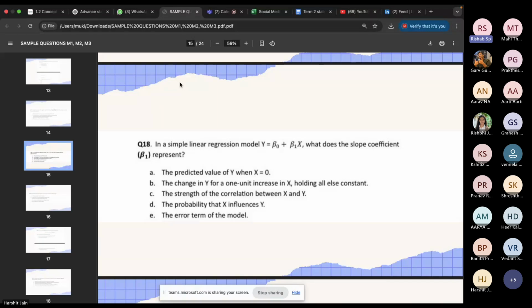X is the independent variable, right? So if we put some value for beta 1, the overall RHS increases. So yes, it's B, the change in Y for a 1 unit increase in X, holding all else constant. As RHS increases, Y increases. Yes, correct. Option B.